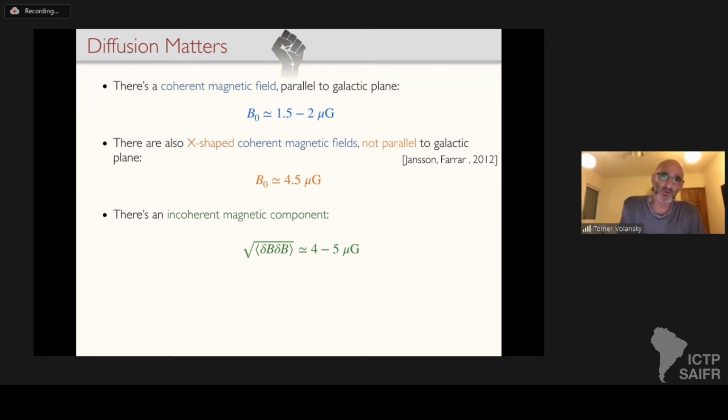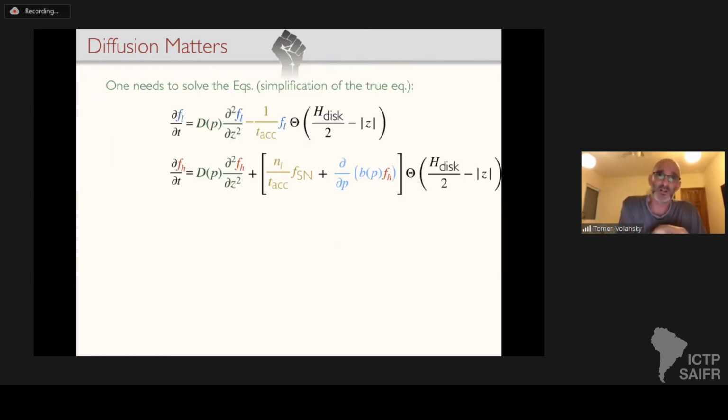And so in order to figure out what's going on with milli-charged dark matter, you need to solve these equations, which are these diffusion equations. And they're not very difficult to see what's going on here. This is a trick, a simplification of the actual true equations, but you can separate it into a slow moving and a fast moving component of the milli-charged dark matter particles.